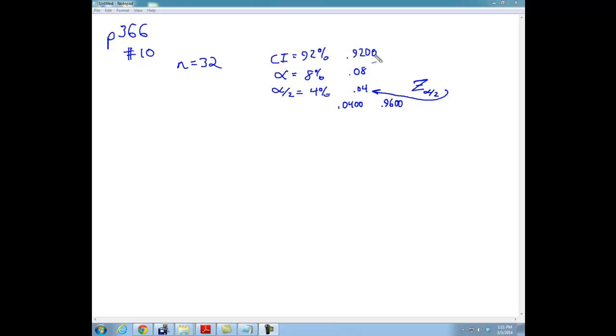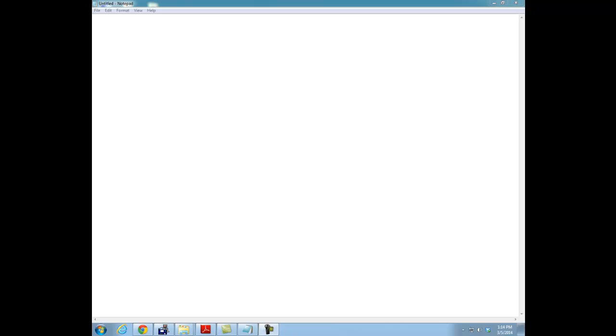So adding 2 zeros to each of these might be a little helpful when we have to go hunting for things on the z-chart. Keep in mind that we're going to be looking at 0.9600 on our z-chart. And if we looked at 0.0400, it would give us the same z-score, but negative. So let's go erase this right now and bring up our chart.